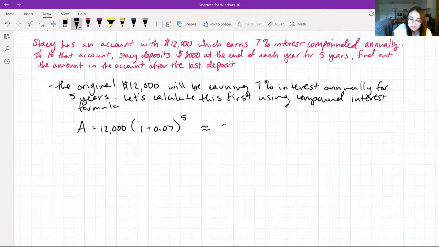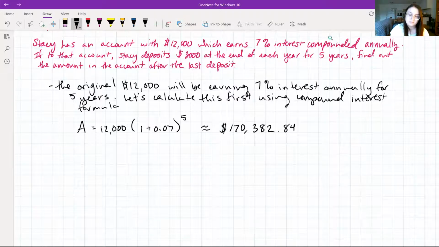And you should end up getting $170,382.84. So our $12,000 alone, earning 7% interest, being compounded annually, is going to end up being $170,382.84 at the end of 5 years.